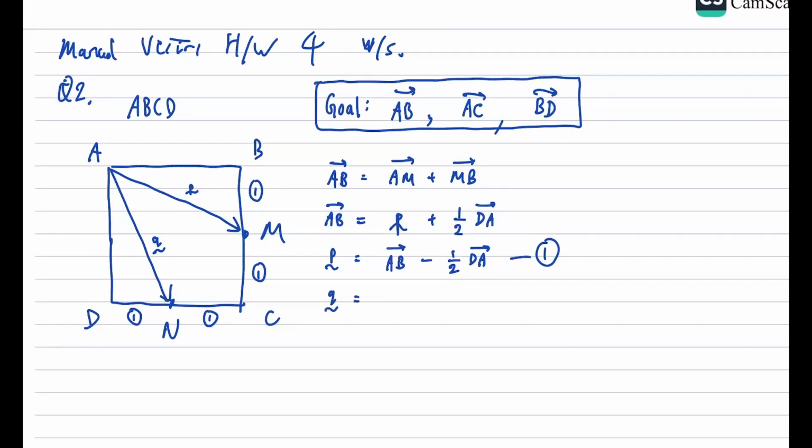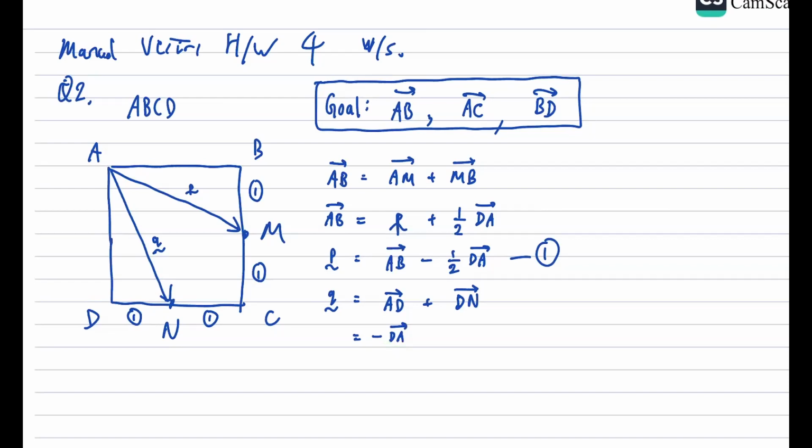Vector Q over here is vector AN. Do you agree that it's just vector AD plus vector DN? Okay, good. So what is vector AD then? Vector AD is actually just the negative of vector DA. Correct? Yes.